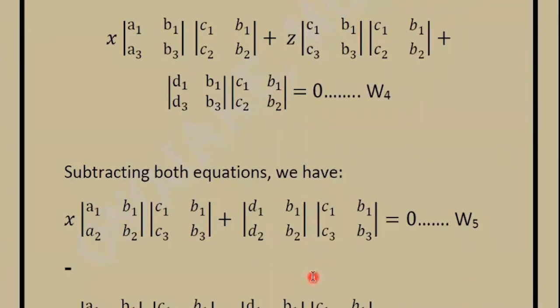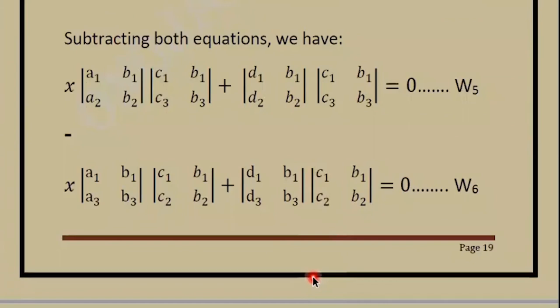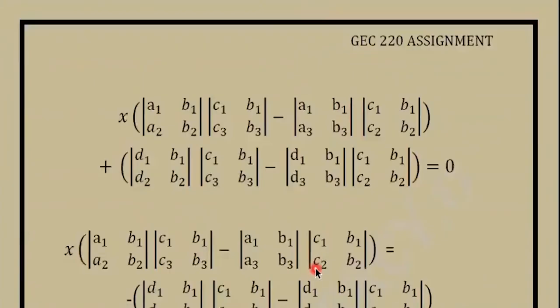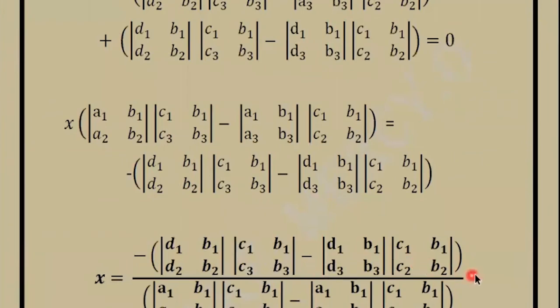Z would have gone away. We're now left with this. And of course, subtract and carry on. After subtracting, we have this to be our x. But we can't end here, knowing that we have a format to put x into.